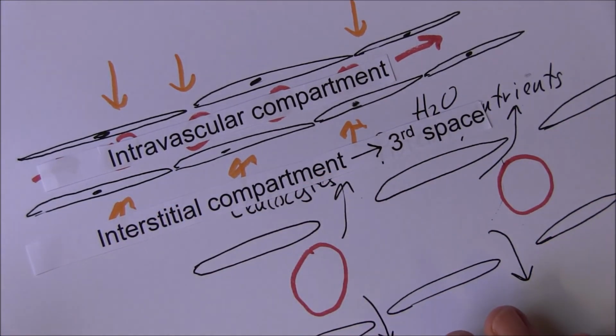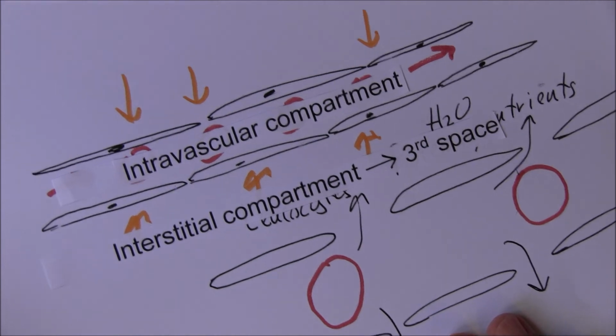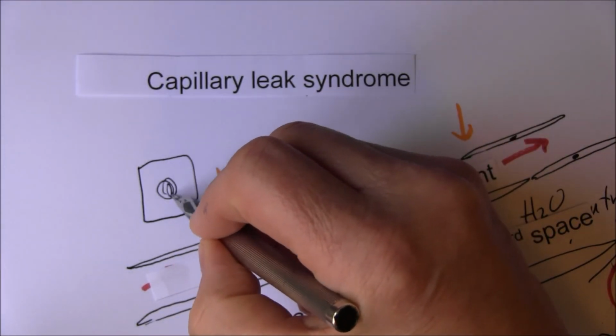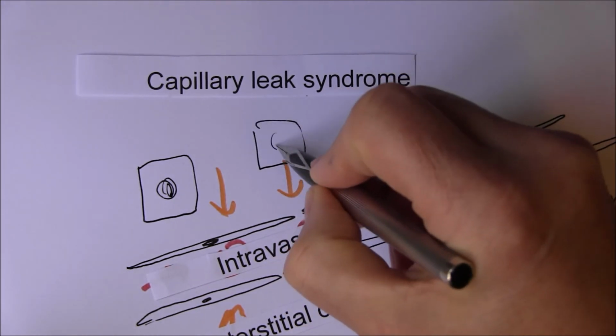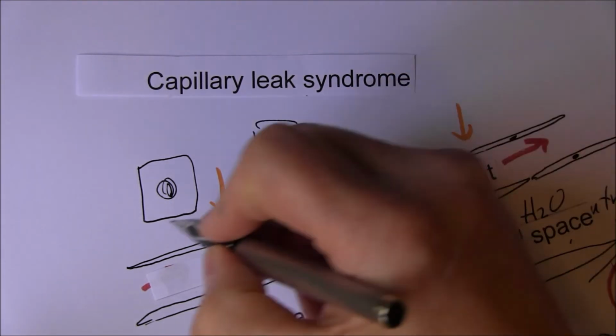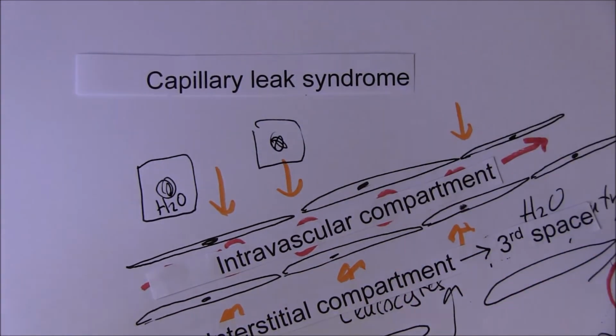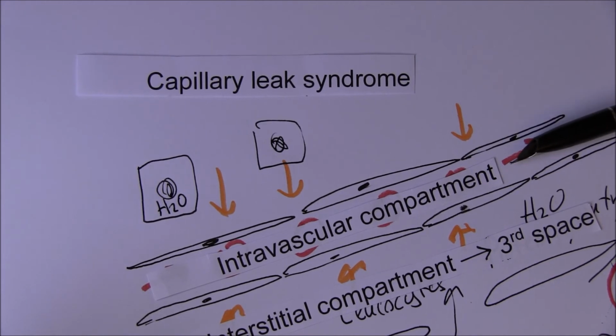Now what this term third spacing means is that most of the body water is inside the cells. So there's huge amounts of water inside, most of the water in the body is inside the cells. Intracellular compartment. And then the second compartment is the water in the blood, that's the intravascular compartment.